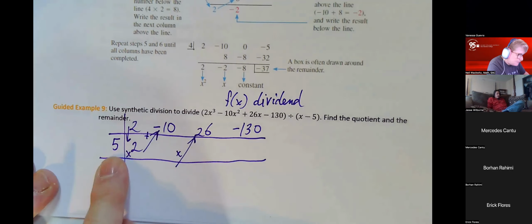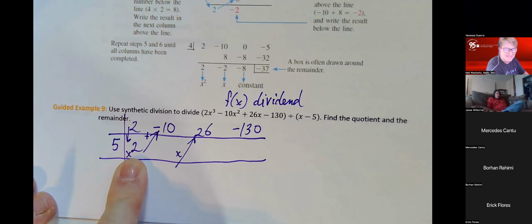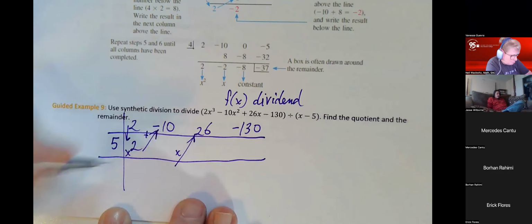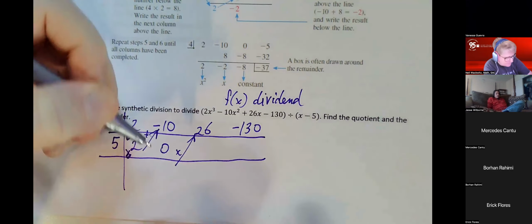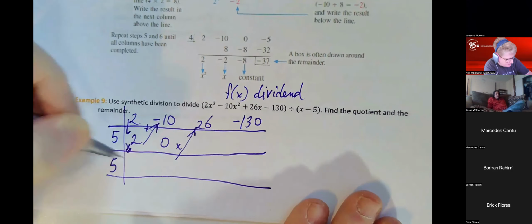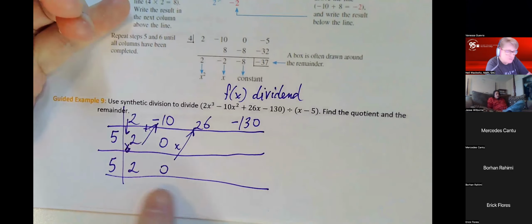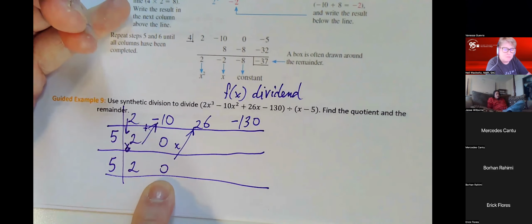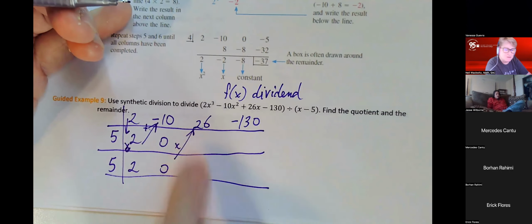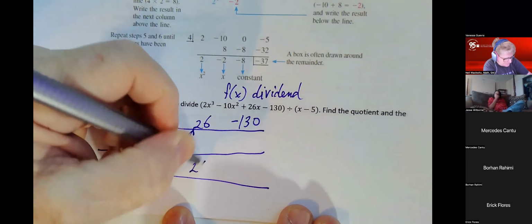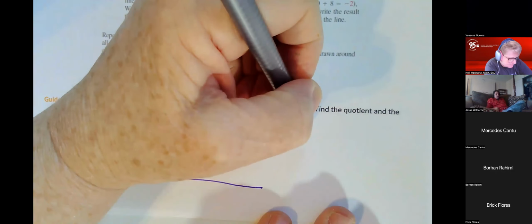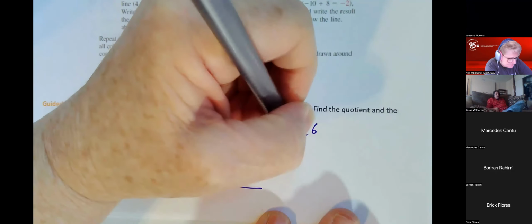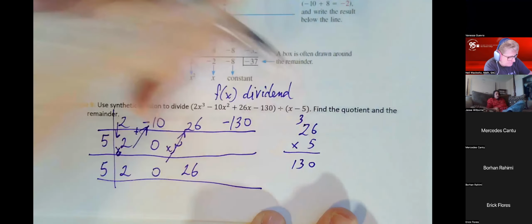So let's see, 5 times 2, 10, minus 10, 0. I'm going to write it down here so it's easier to see. 5 times 0, 0, plus 26, 26. 5 times 26, that's 30, 10, 130.